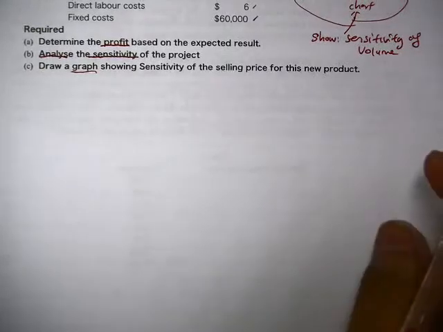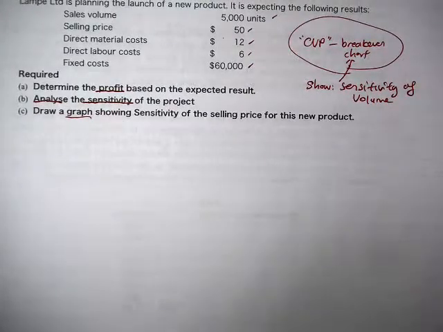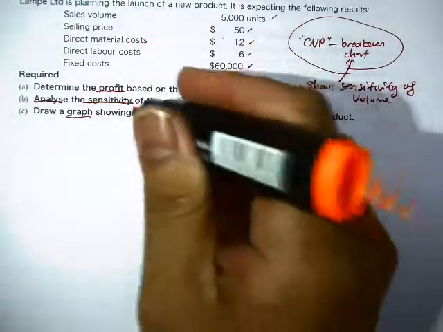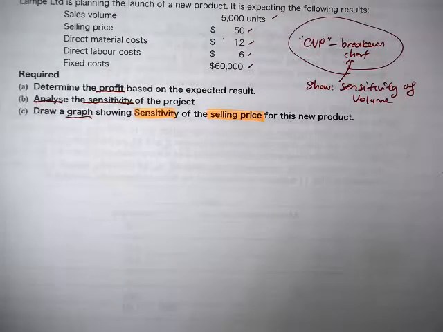Okay. Now but the only difference is when we do break even, we only look at sensitivity of just the volume. But we can actually look at different types of sensitivity. Now for example, draw a graph that shows sensitivity of the selling price.